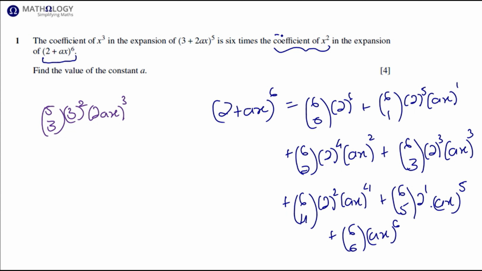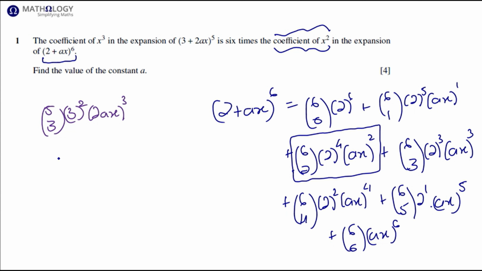Again, we are only looking for the coefficient of x squared. So we are only concerned with this term over here. Every other term contains no power of x, or a power of x that is less than 2 or greater than 2.